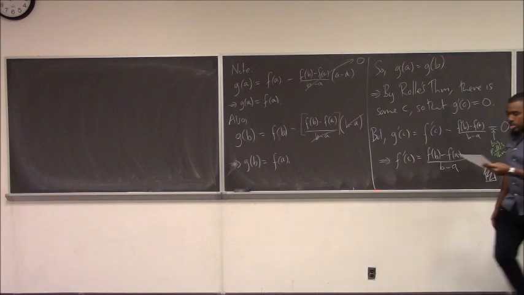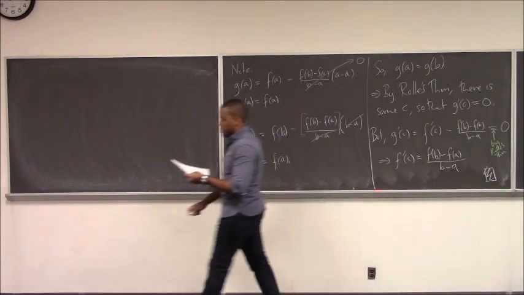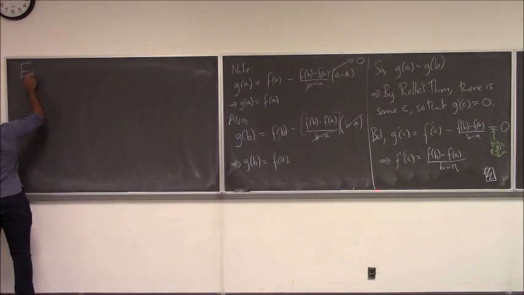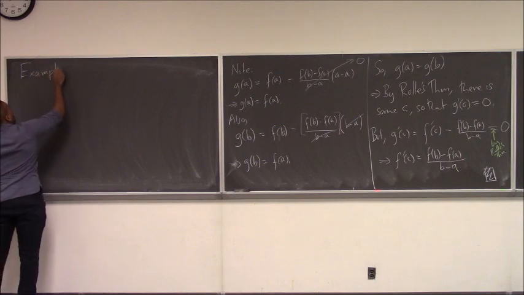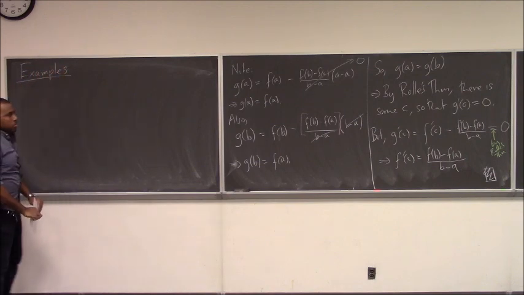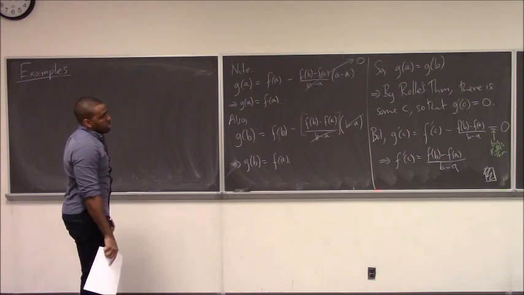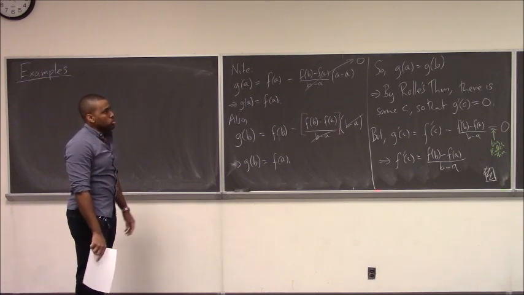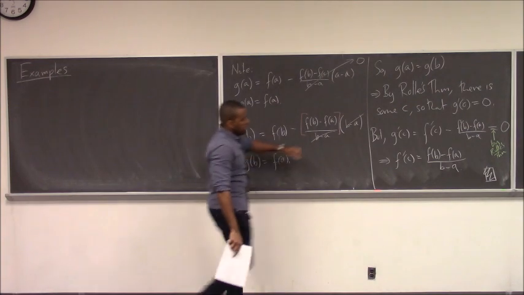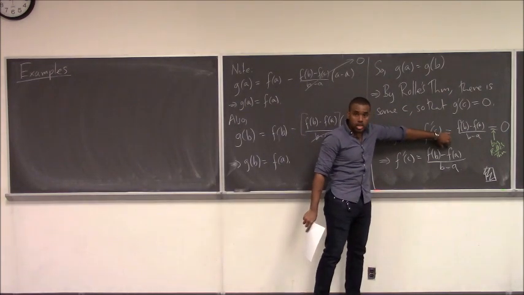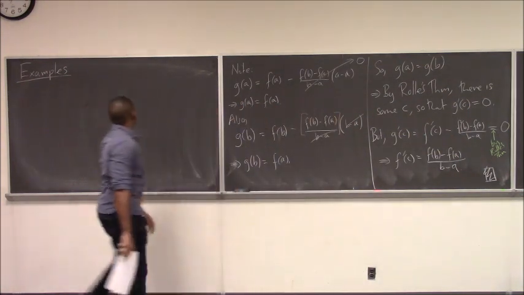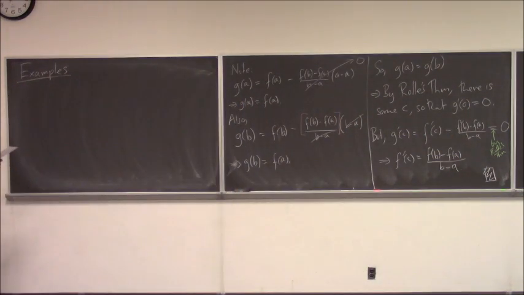Let's do some examples. I'll do some for Rolle's theorem as well as the mean value theorem. But technically, you can see that the mean value theorem will include Rolle's theorem inside of it, because in the event that my f of b and my f of a are the same, this gives me 0. Where are my examples for course?